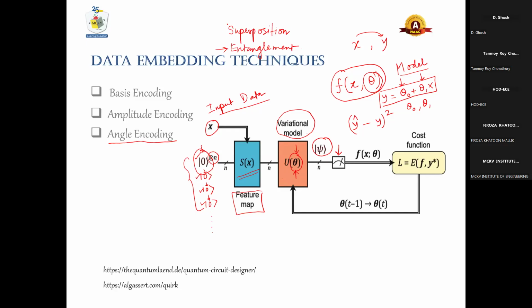It is because of these two, which have no counterpart in classical machine learning, that this is a unique strategy to try out. Again, I repeat, superposition and entanglement have no counterparts in classical computing or classical mechanics. So you can use these two to really find a good model.